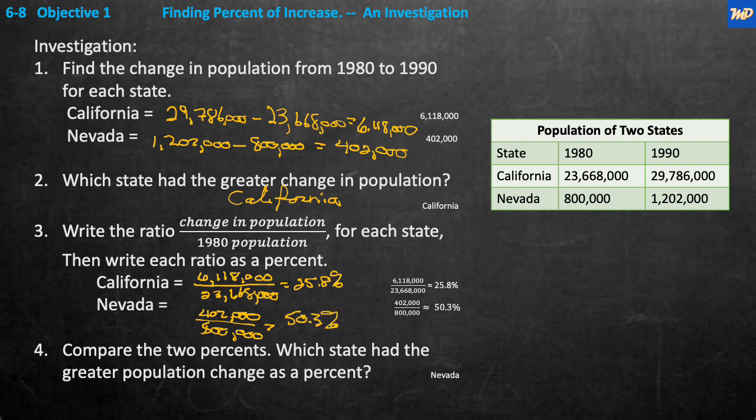So the last question here in our investigation is, compare the two percents, which state had the greater population change as a percent? Well, it appears here that Nevada's percent change was twice as big. California had a 25% increase. Nevada had a 50% increase. So Nevada.